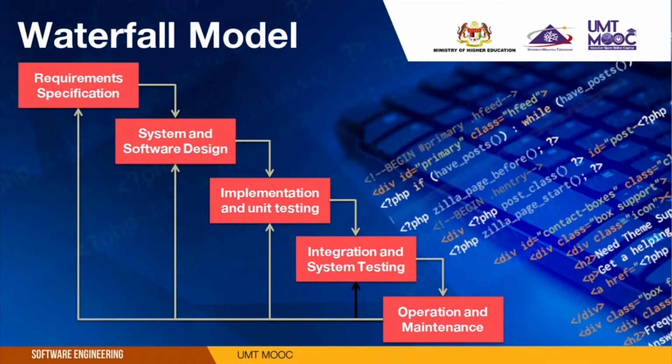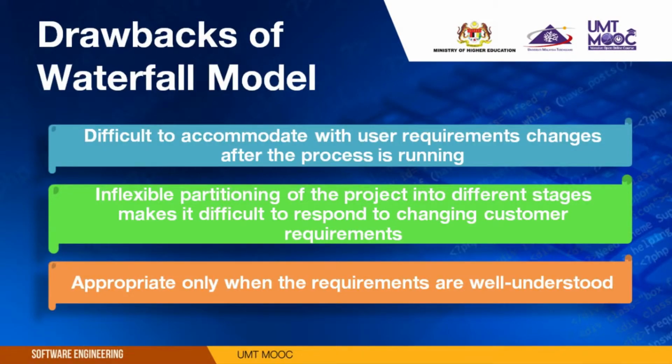The waterfall model is an example of a plan-driven process, which means that all of the process activities must be planned and scheduled before starting any work on them. This model takes the fundamental process activities such as specification, design, development, testing, operation, and evaluation as separate process phases.